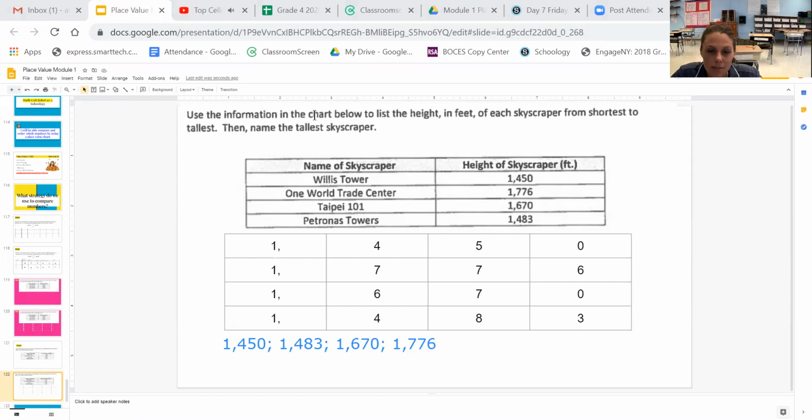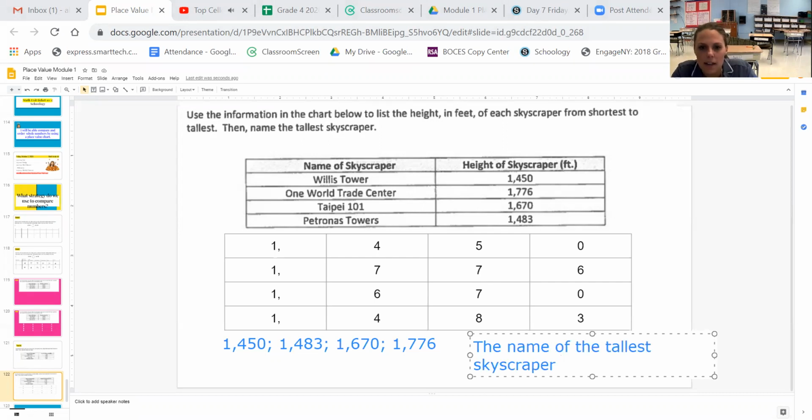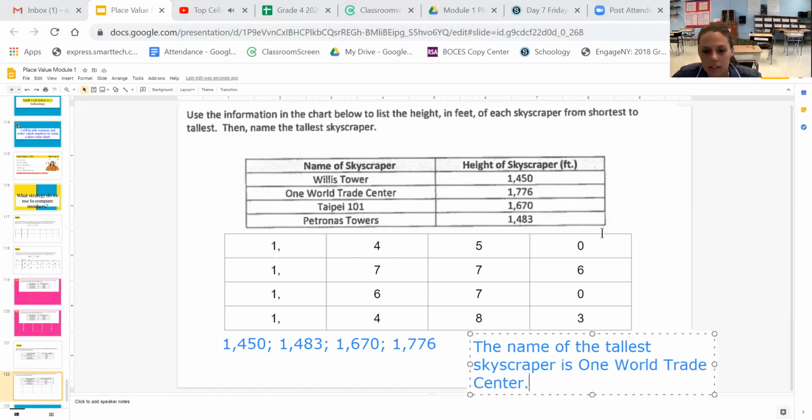Then to receive full credit, I have to make sure I answer the question. The name of the tallest skyscraper is One World Trade Center. Okay, hopefully you got that correct.